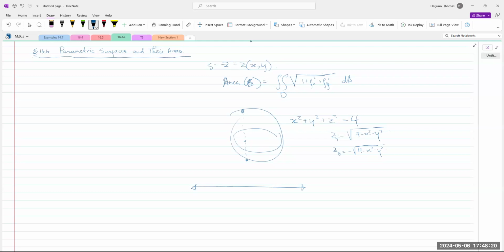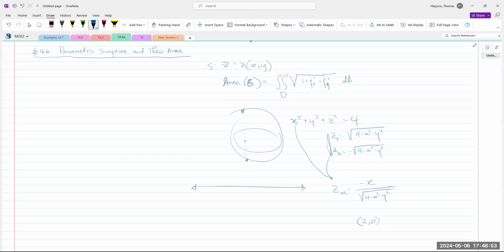And the not so nice part about this, if you rewrite it using this function, is the partial derivative with respect to x or with respect to y may not be continuous at some x and y. For example, z sub x will be negative x over the square root of 4 minus x squared minus y squared, right? It will not be continuous at, for example, (2, 0).